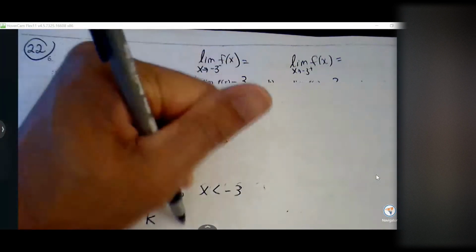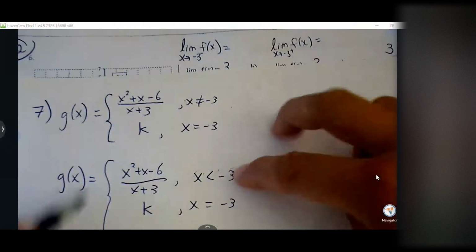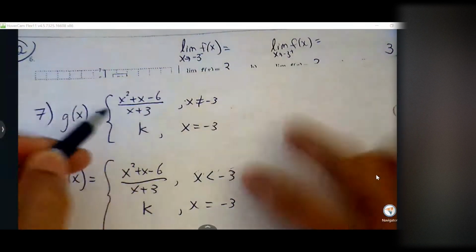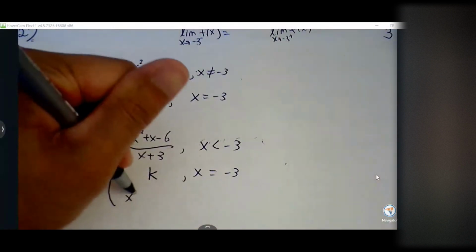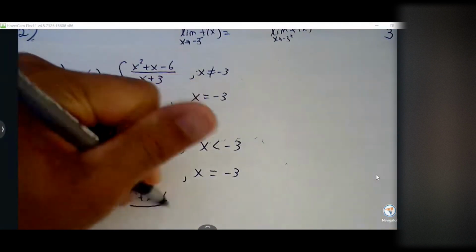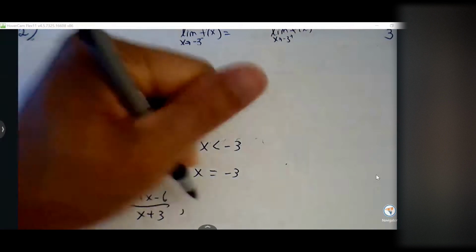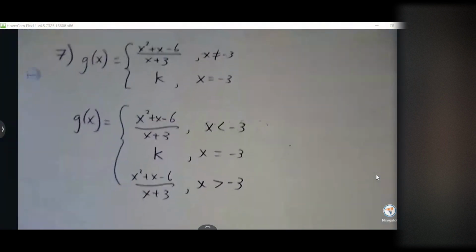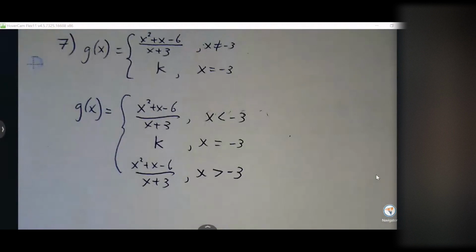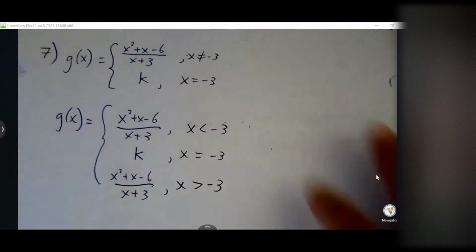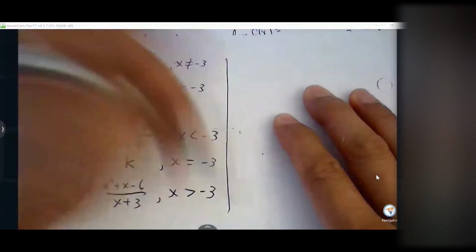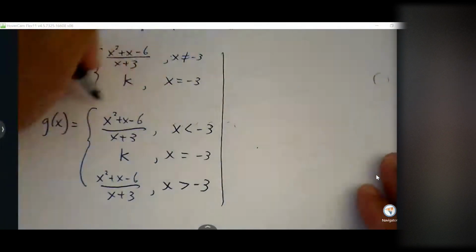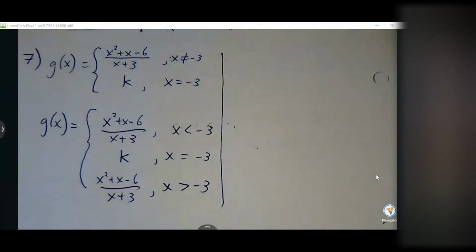Now the point is over here at -3, but to the right of -3, it's also contained within this function as well. If I step through my continuity conditions here, I can write it either way. I'm going to use the bottom one.